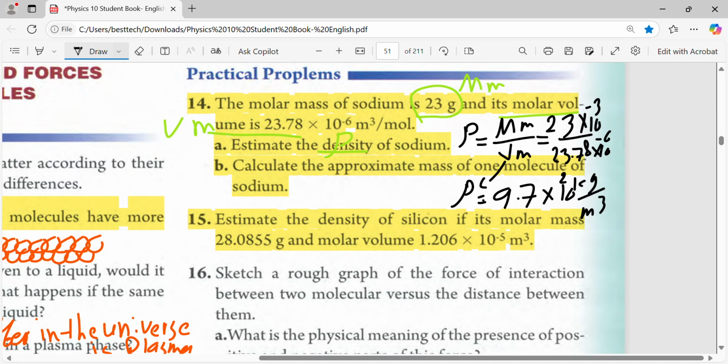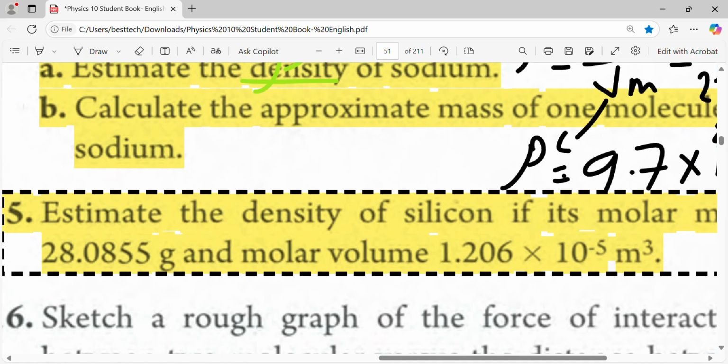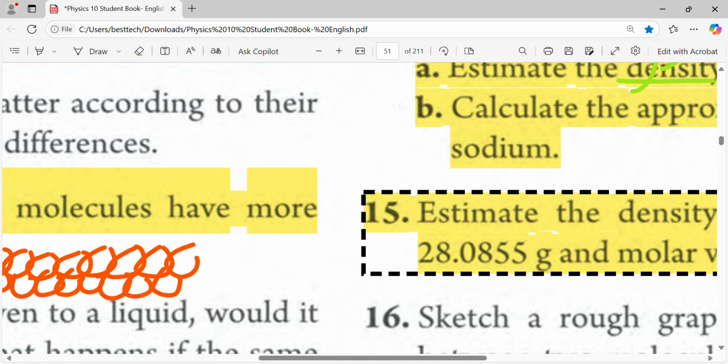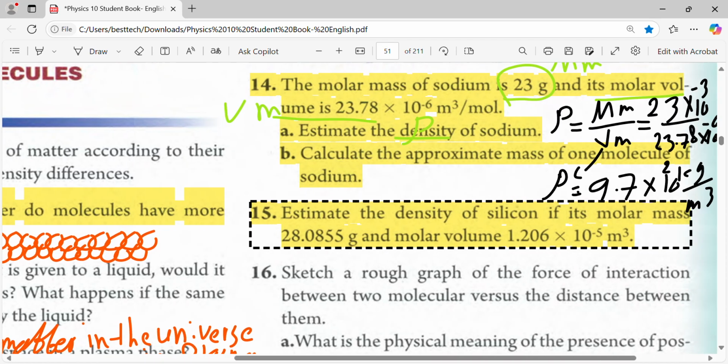Part B, calculate the approximate mass of one molecule of sodium. We have this rule too, the mass for one atom or one molecule.